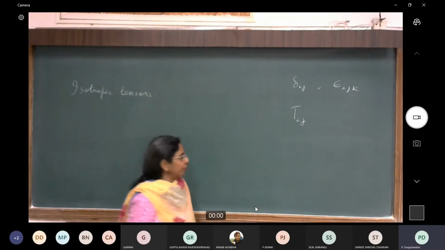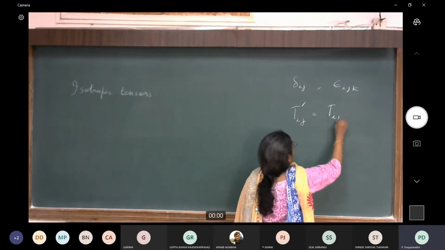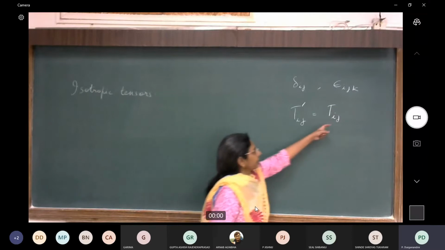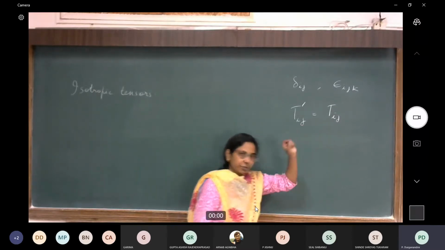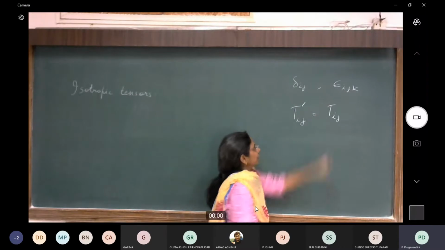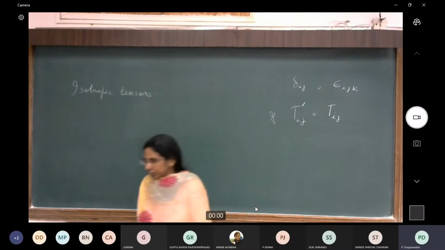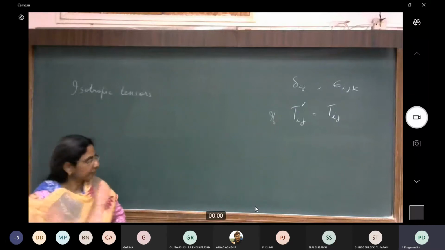And when I say it's isotropic, what it means is that these components must be the same, whatever basis I go from, say I start from some basis P and then I go to some other basis P prime, and whatever the rotation, this condition must be satisfied for all ij's. Or in other words, all the 9 elements must satisfy this for any arbitrary rotation transformation.